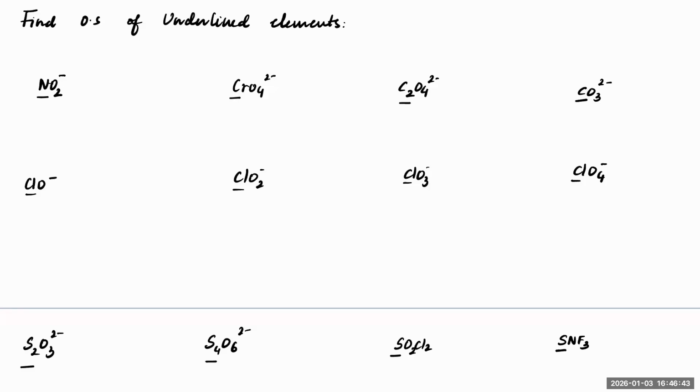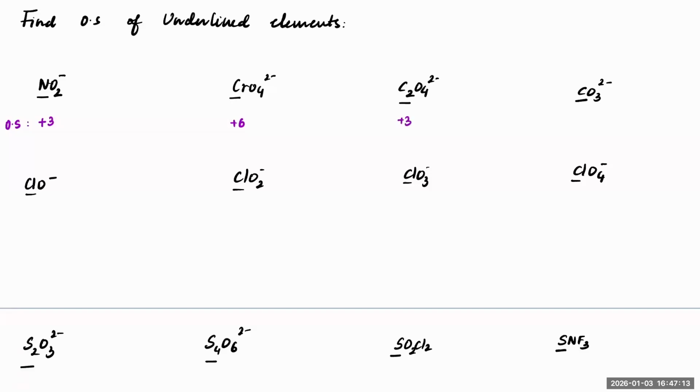I'm sure the first one you got it as, I'll just write down the states here. So how much you got? Plus 3. Plus three, plus three, plus three. Next one, plus 6. Next, plus 3.